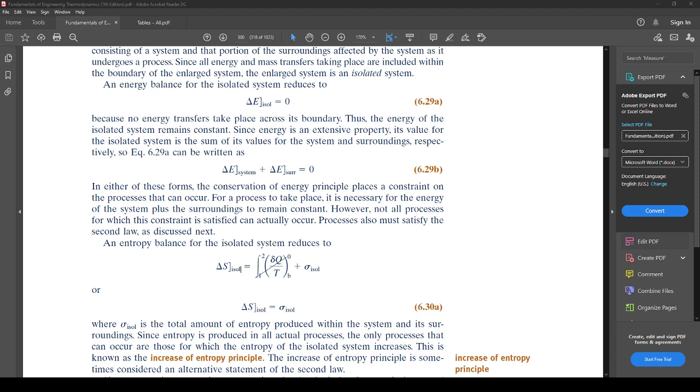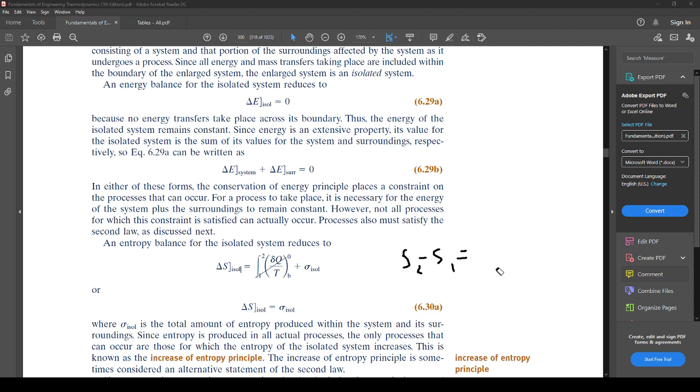But if you recall, because our system is isolated, it means nothing is leaving, which means that Q goes away, right? Because nothing has actually left. So when Q goes away, that means that delta S of the isolated system must be equal to the entropy produced, right? It's sort of like that example we did the other day, I think 2 classes ago, where at the end we found that S2 minus S1, or delta S, was just equal to the entropy produced, right?